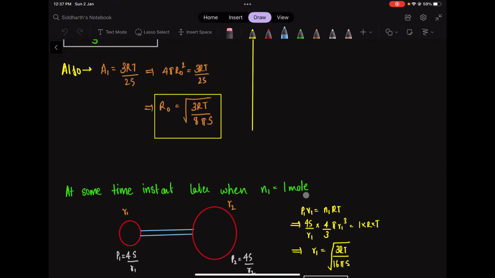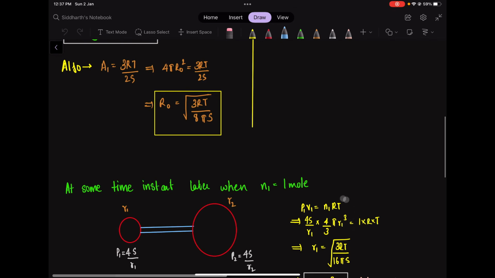Now sometime later, when N1 is equal to 1 mole, as given in options A and B, let the left bubble have radius R1 and the right bubble have radius R2. P1 is 4S by R1, and P2 is 4S by R2. Apply the ideal gas equation in the first bubble: P1V1 equals N1RT.